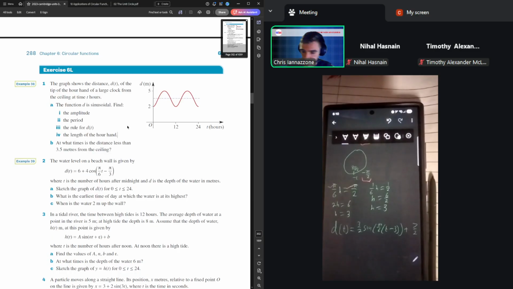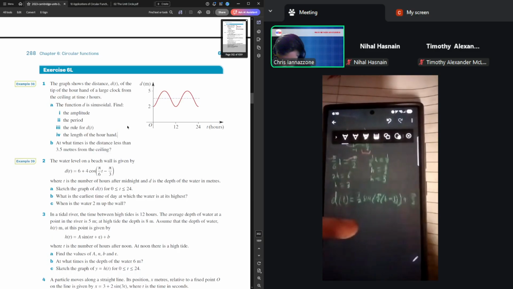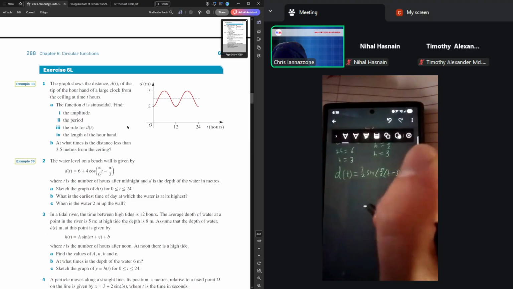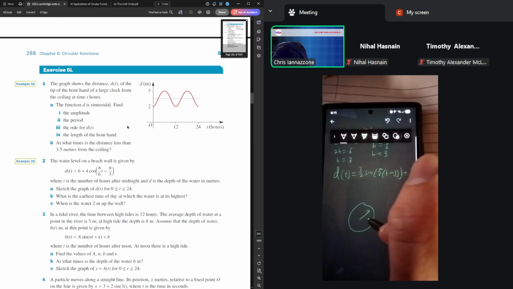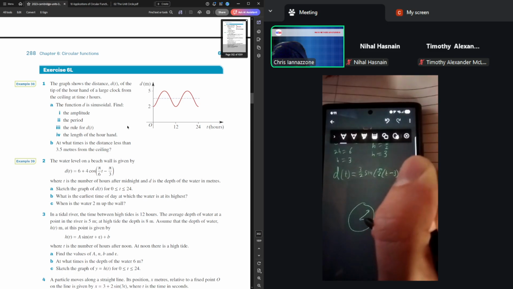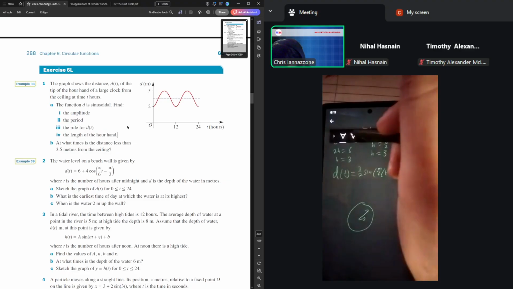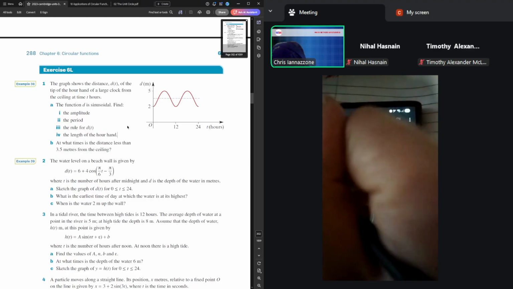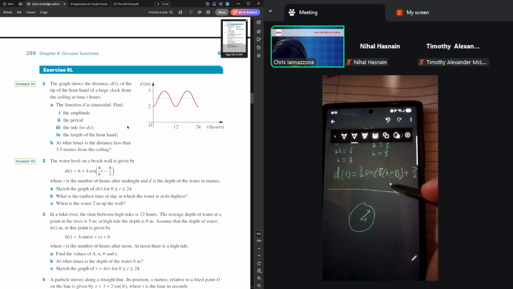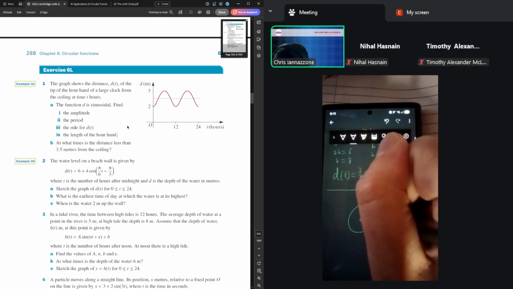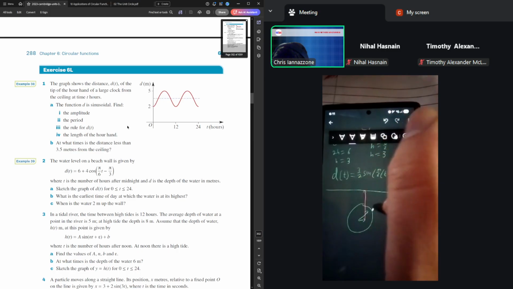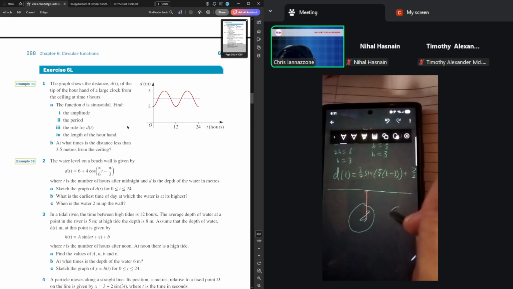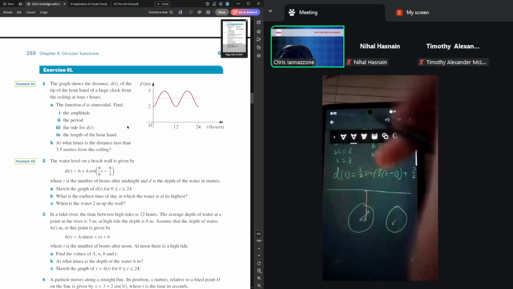So basically, if I were to draw a quick picture of what that would look like, you have a clock, it has the hour hand, which kind of looks like the minute hand. Let's fix that. There you go, the hour hand. You have a ceiling, and our function d of t is measuring this distance here from the tip of the hour hand to the ceiling. So for instance, you might have another clock with an hour hand over here.